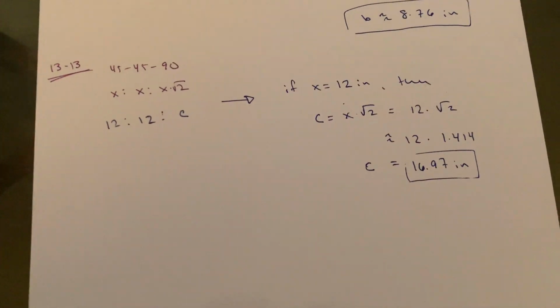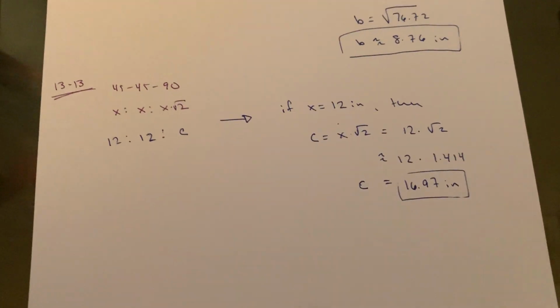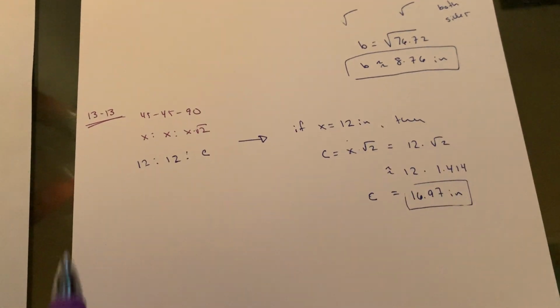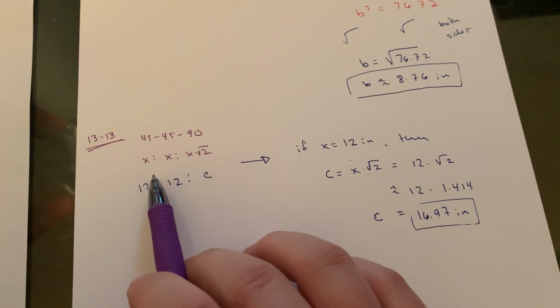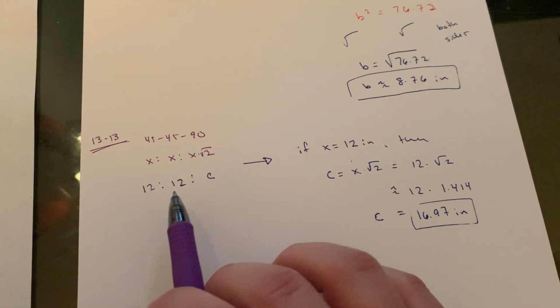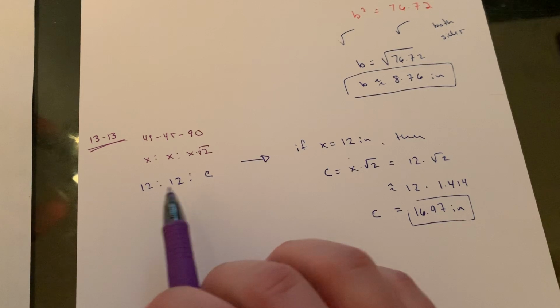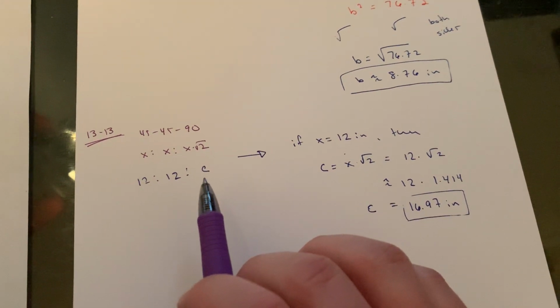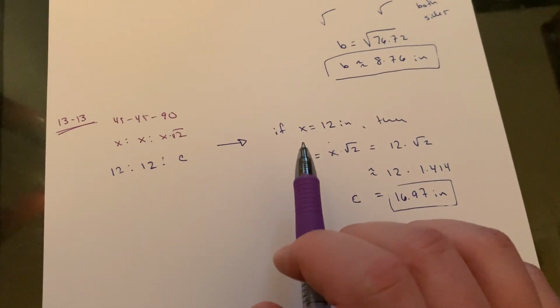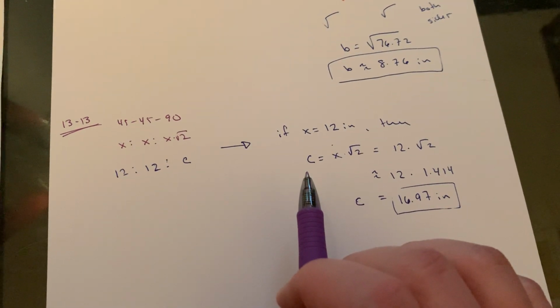So if we come over here, we can see our solution. The idea is you're saying, okay, 45, 45, 90, so that syncs up with x by x times root 2. And the A and B sides, my legs here, are both 12. The side that I'm missing is the C value. So if x is 12, the C value is just x times root 2.